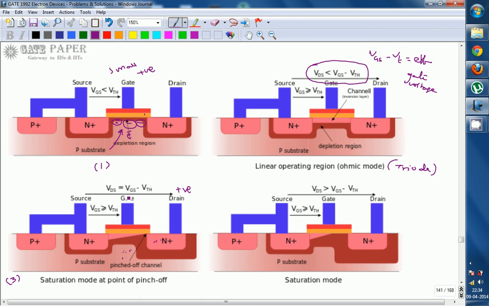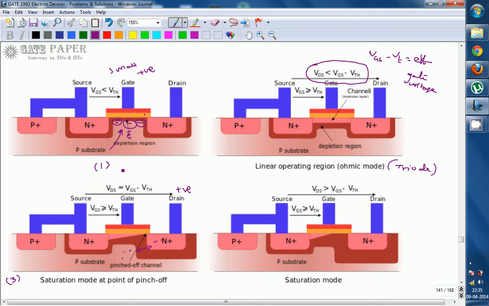So now if you see, the width of the depletion region is more towards the P type substrate, towards the drain side. This is the situation actually happening. On the source side you are applying 0 volts.